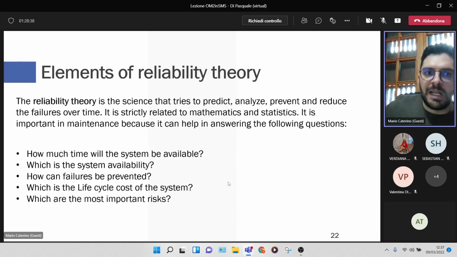What is reliability theory? First of all, it is the science that tries to predict, analyze, prevent, and reduce failures over time.